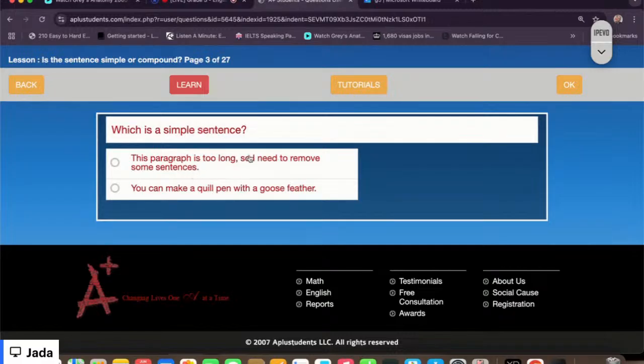So, which is a simple sentence? The paragraph is too long, so I need to remove some sentences. You can make a cool pen with a goose feather.